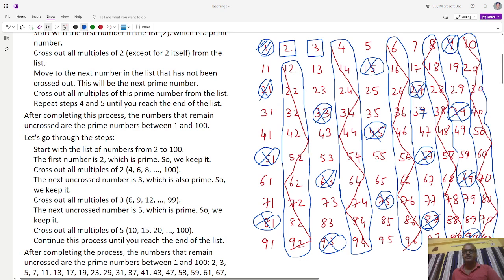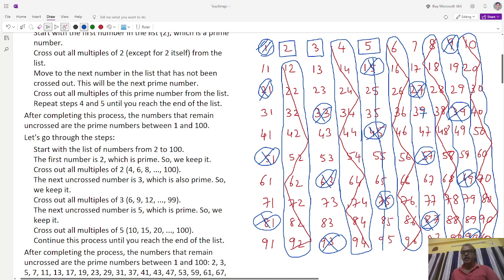After that, the number 5 is a prime number. So multiples of 5 are to be crossed out. We know the multiples of 5 have 5 as the unit digit, so these are to be crossed out.